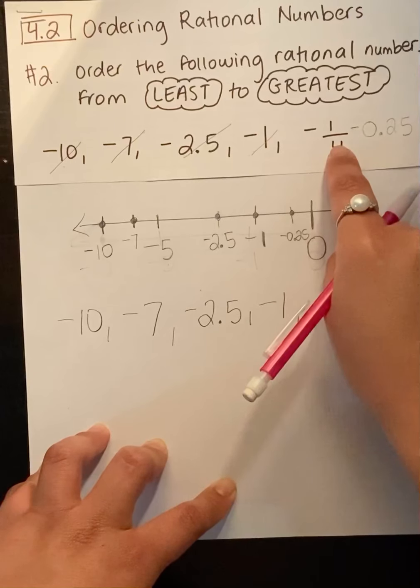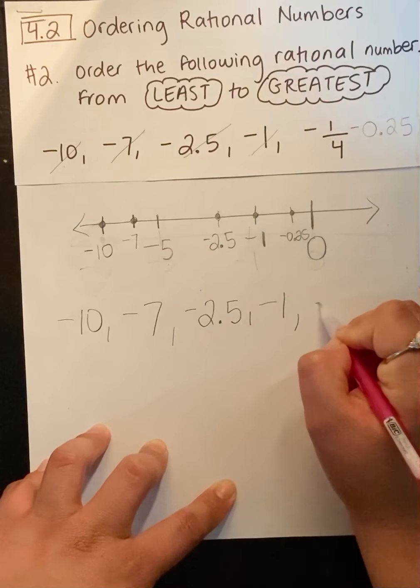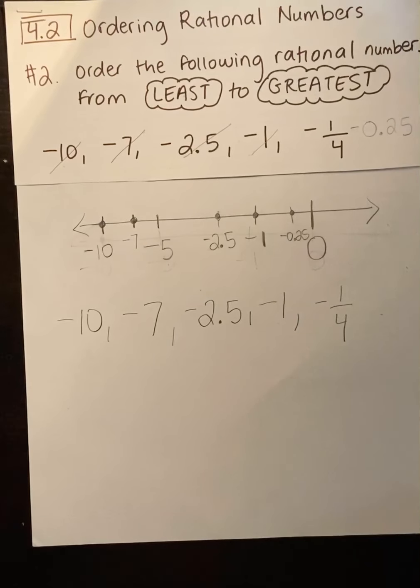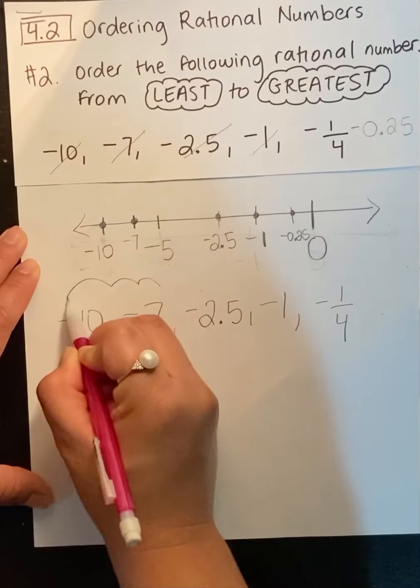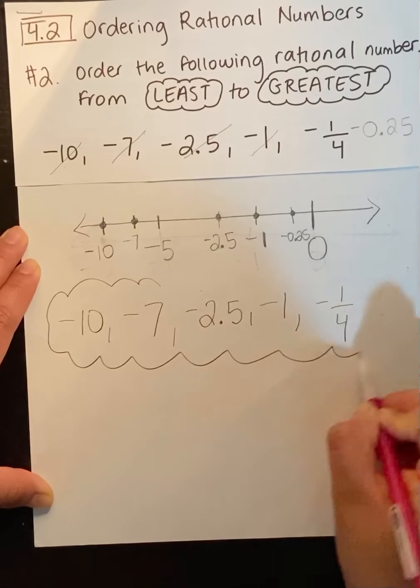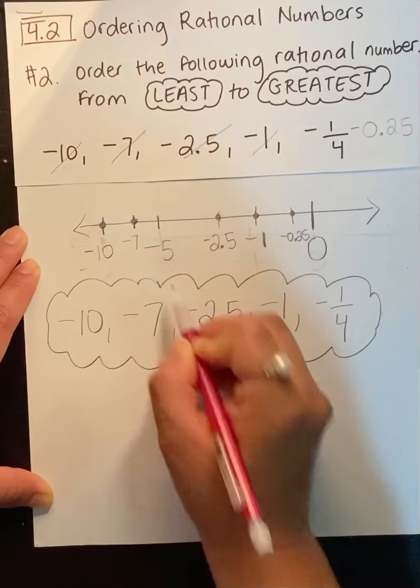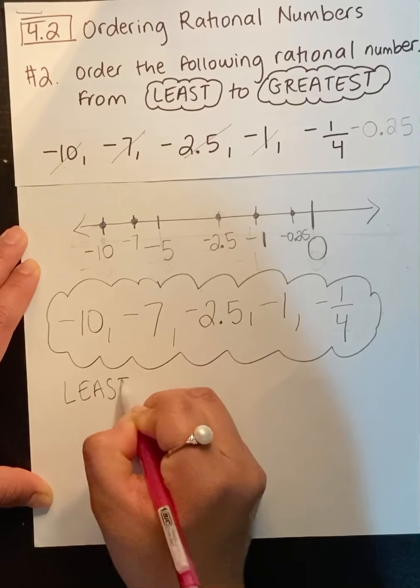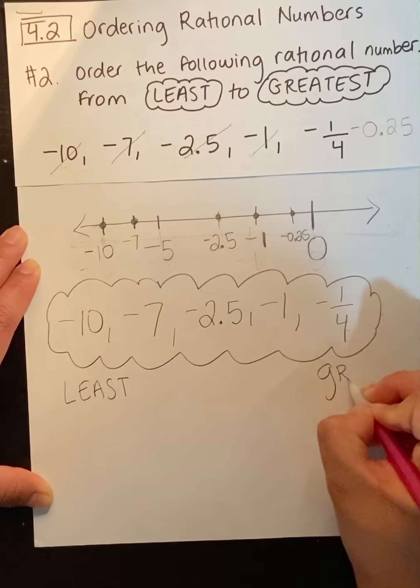I have to write it as a fraction on my list. So I need to write negative 1/4. So my numbers from least to greatest are like this. Least to greatest.